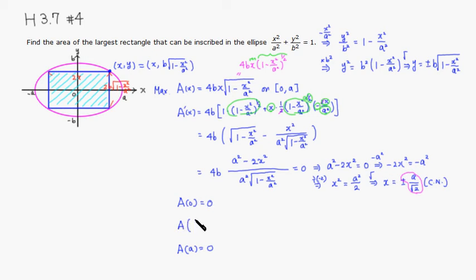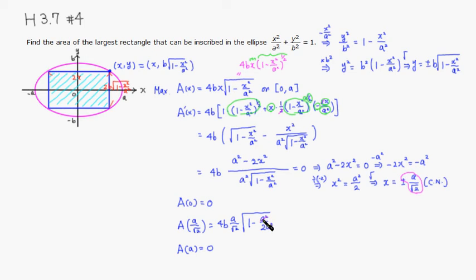In this case, x is a over the square root of 2. Let's plug in: 4b times a over the square root of 2, times the square root of 1 minus x squared over a squared, where x squared would be a squared over 2.